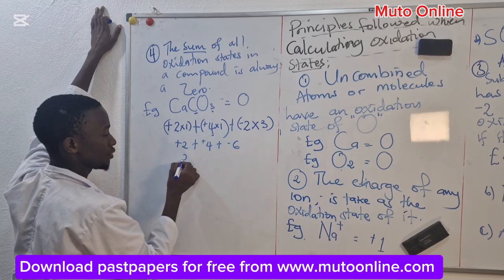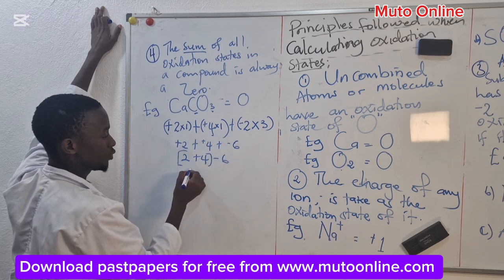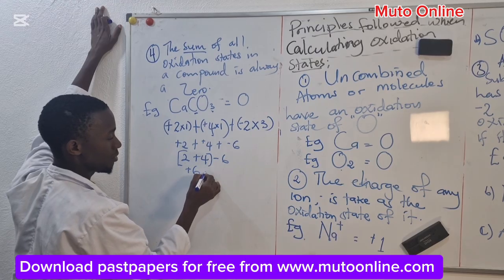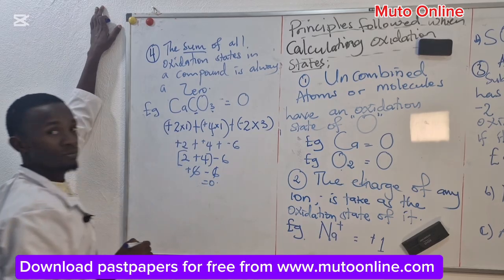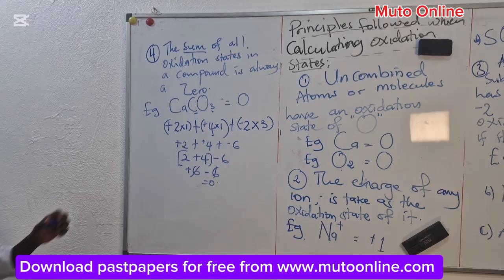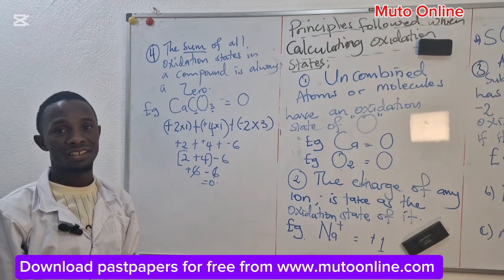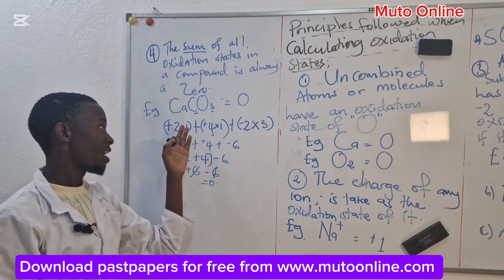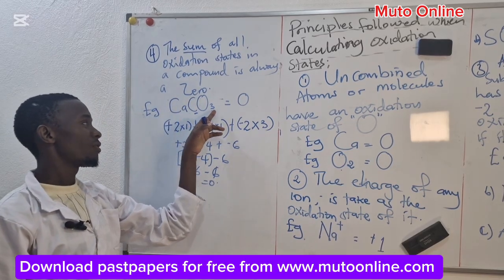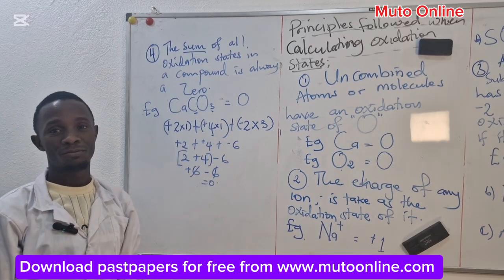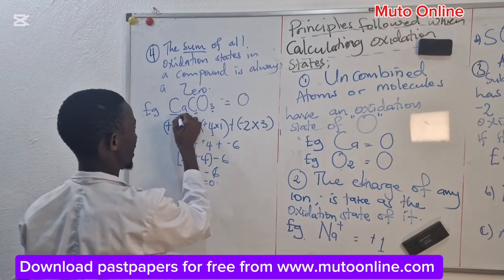So this gives us 2 plus 4 minus what? This one adds up to +6 minus 6, giving us a 0. That is why we shall find that all compounds shall have a sum of the individual oxidation states of the atoms in it as 0. So we should know this rule and the way we've stated it.